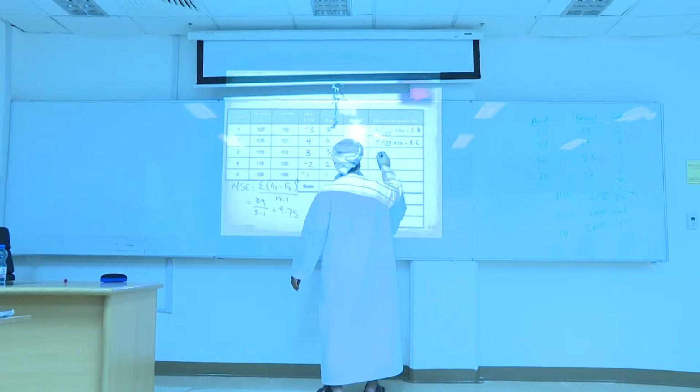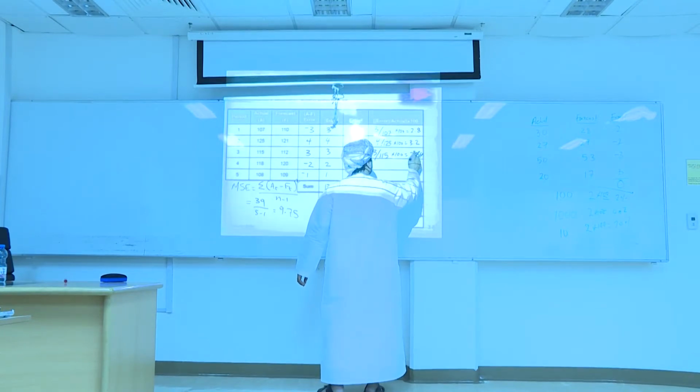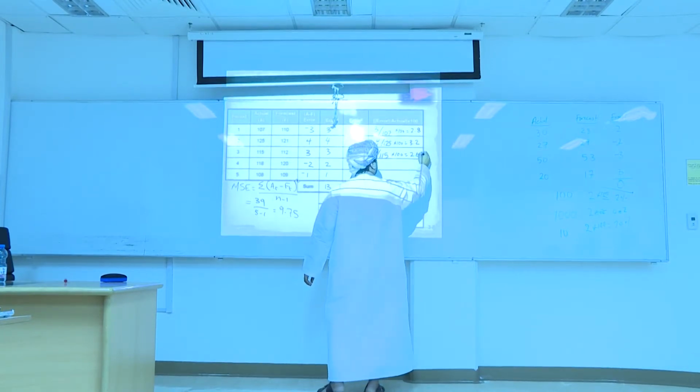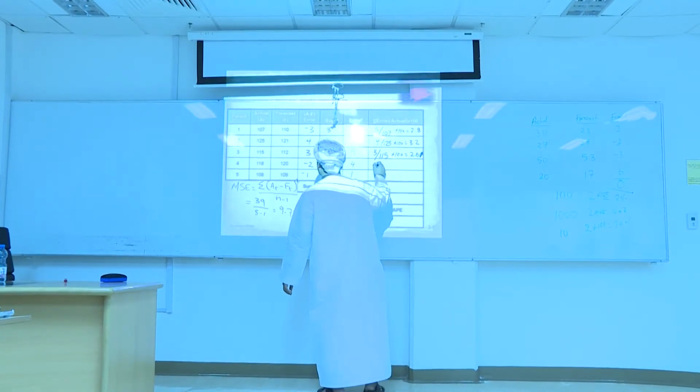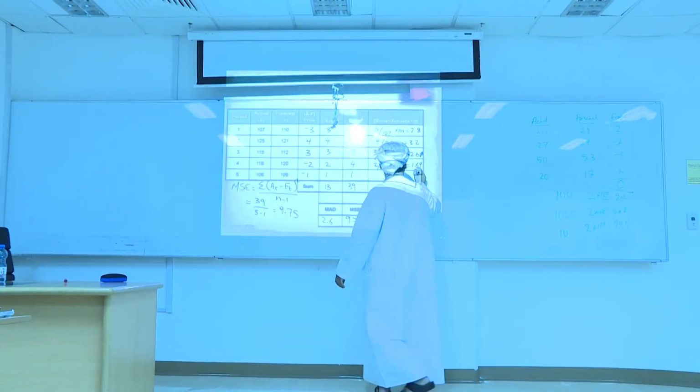3.2. Then we have 3 over 115 multiplied by 100. That equals 2.61. This one is 2 divided by 118 multiplied by 100. That equals 1.69.